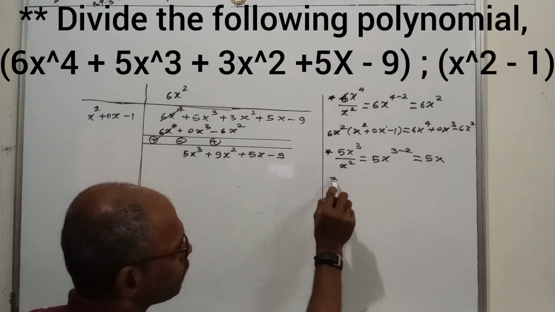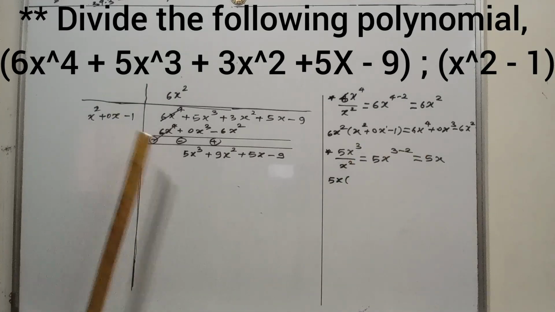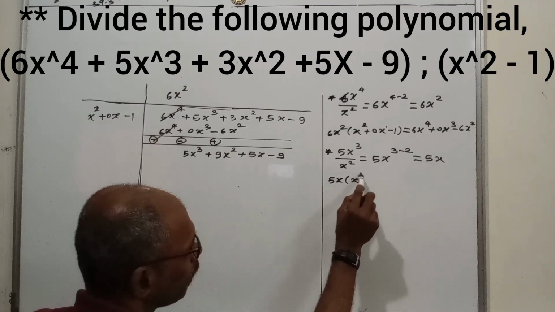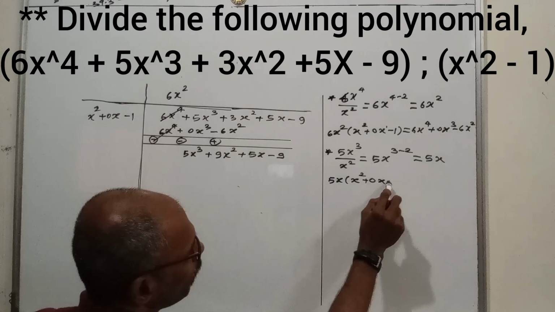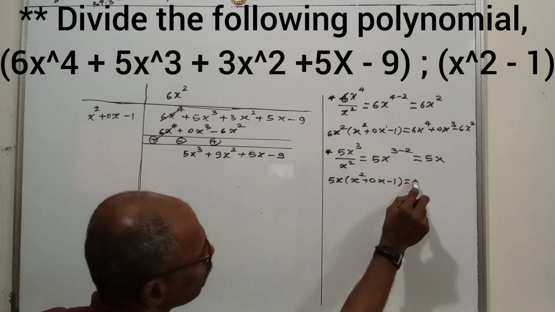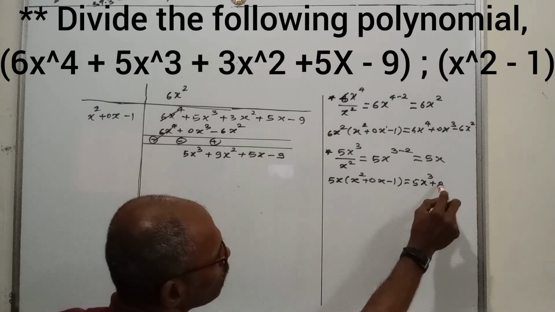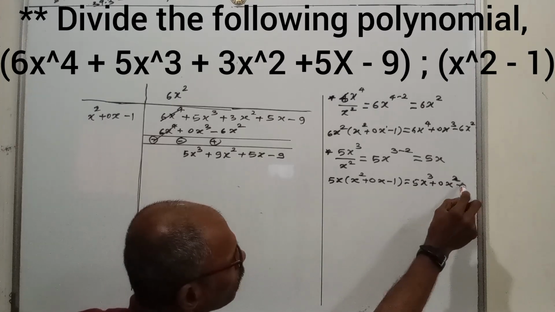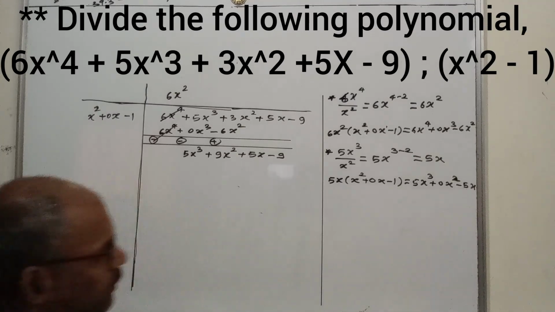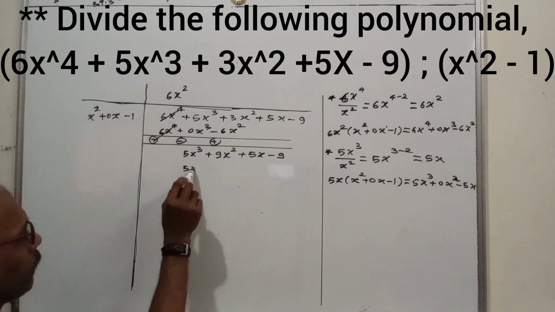We take this and multiply to this, means the divisor. Minus 1, 5x cube plus 0x square minus 5x. All these three terms we write here.